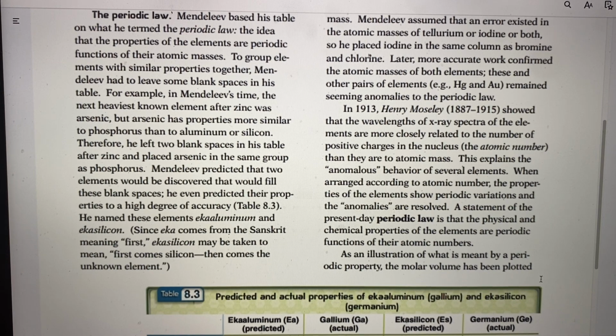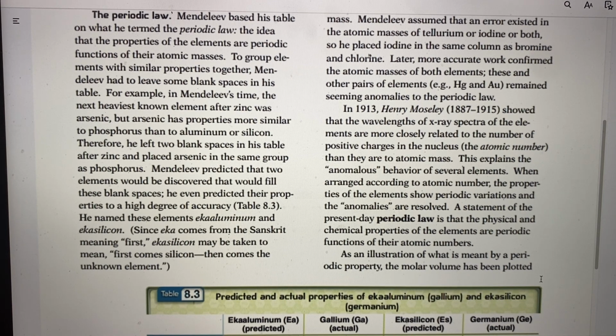So the characteristics really were related to the number of electrons, which were the atomic number. And this explains the behavior of a lot of different elements that weren't behaving just right and were anomalous. So they basically said, now it all fits into place.